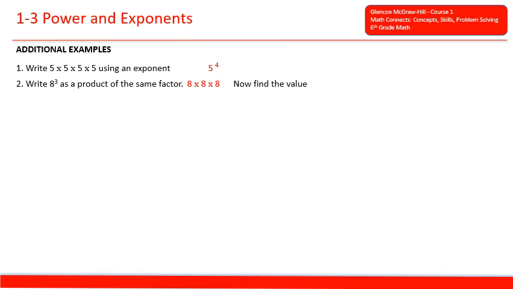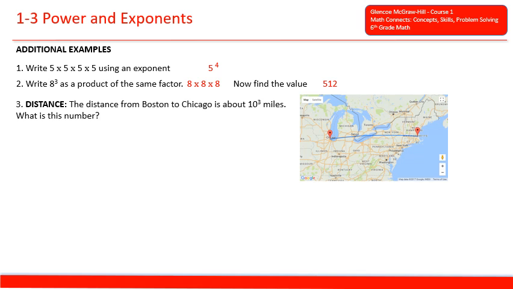Now find the value. 512. Distance. The distance from Boston to Chicago is about 10 to the 3rd power miles, or 10 cubed miles. What is this number? So we have to multiply 10 times 10 times 10. So 10 times 10 is 100, times 10 is 1,000.